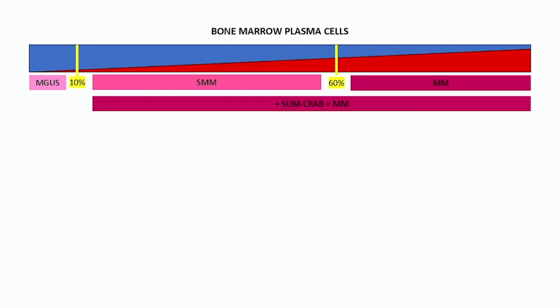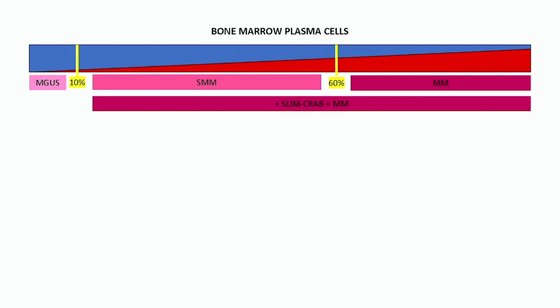It's usually preceded, or actually always preceded, by an asymptomatic stage of M protein called MGUS, or monoclonal gammopathy of undetermined significance, and asymptomatic multiple myeloma, or smoldering multiple myeloma.